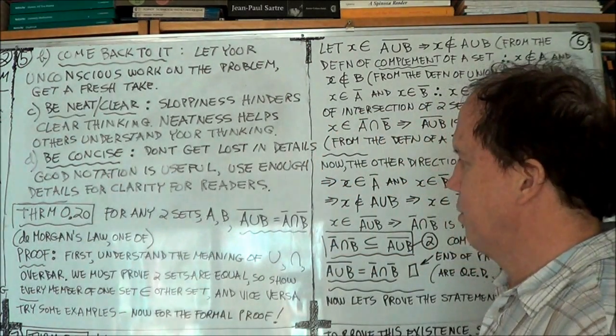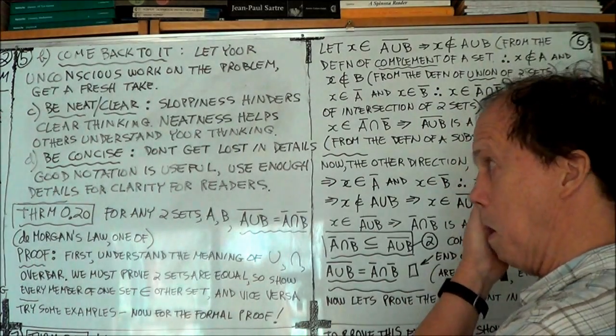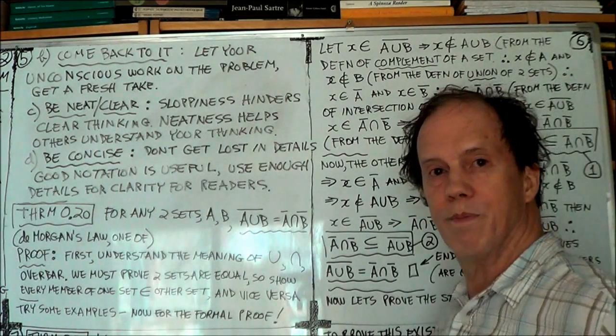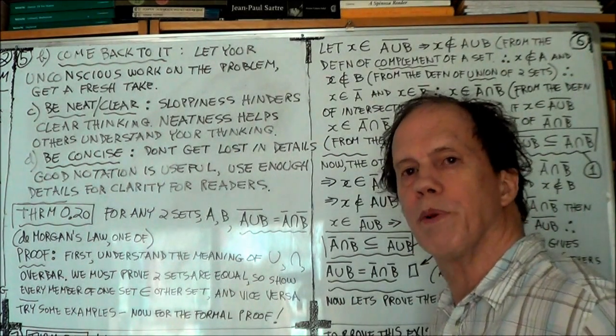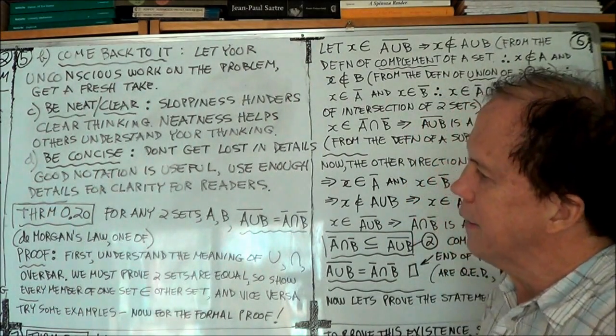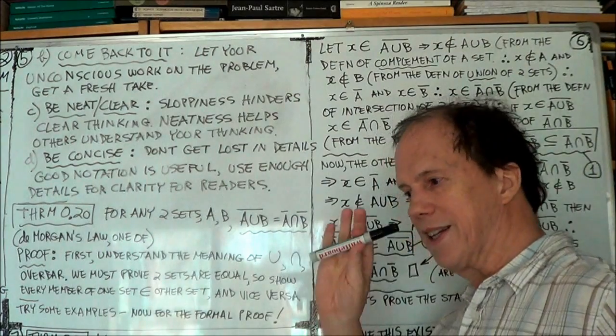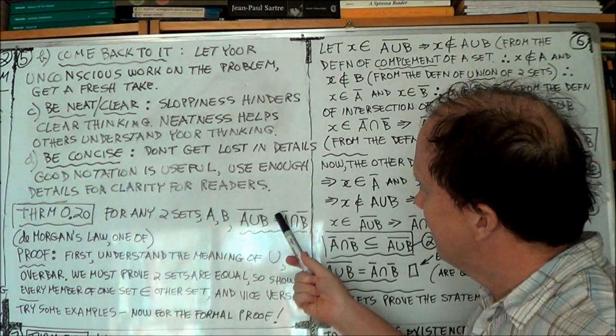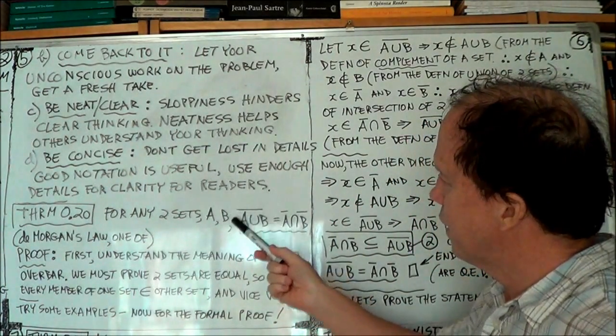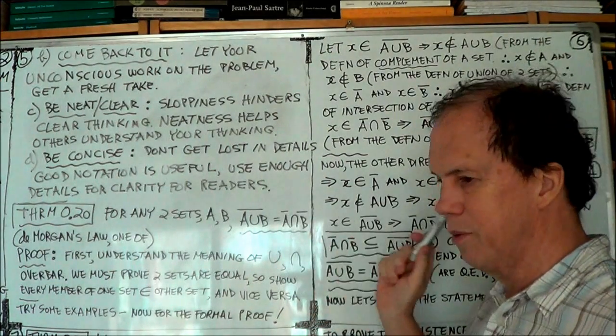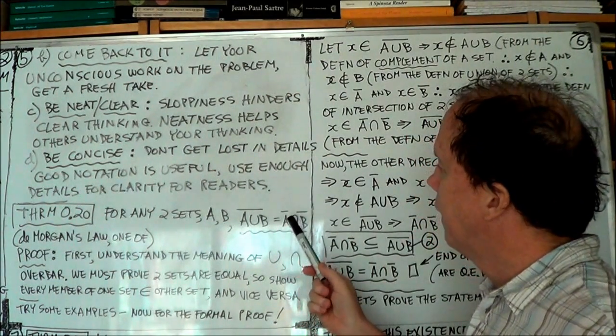All right. Well, let's actually do it. So this is our first proper proof in the whole course. So a little bit of history being made. Ta-da! So the statement says these two sets are equal, and we have to prove that.